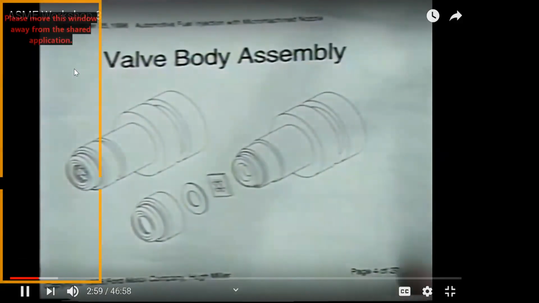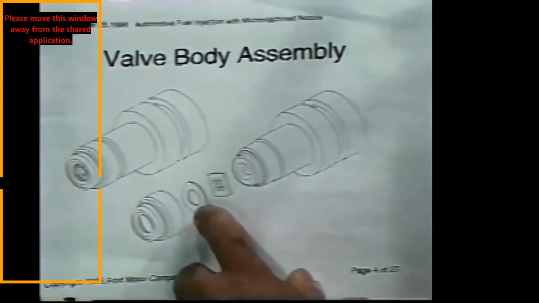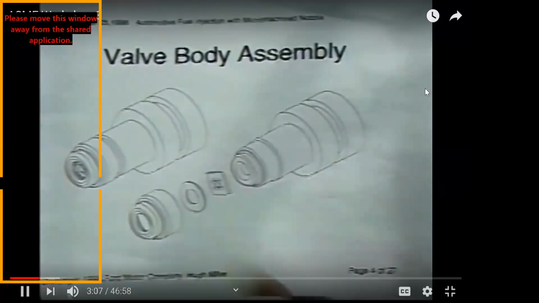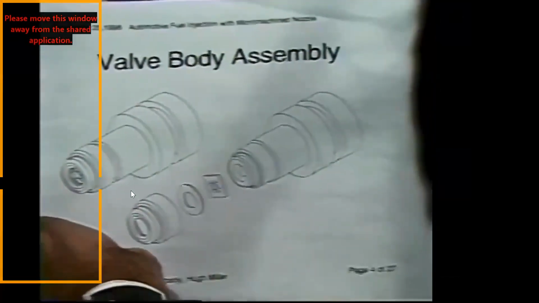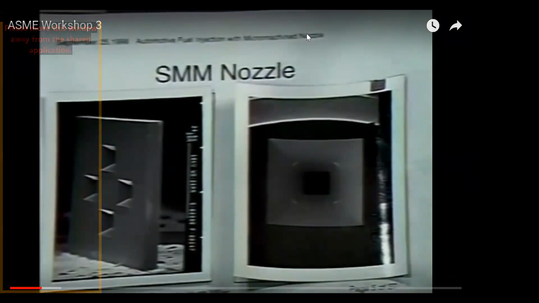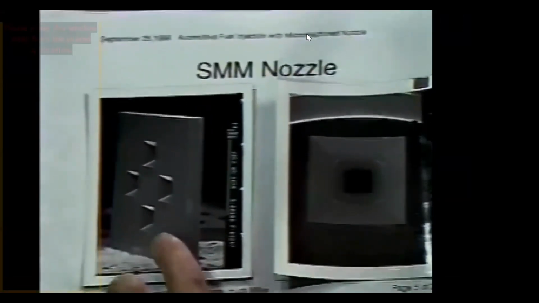The valve body assembly consists of a valve body, a washer or a ferrule surface, and a retainer. The SMM nozzle itself consists of a single piece of silicon. Let's look at this particular view first.